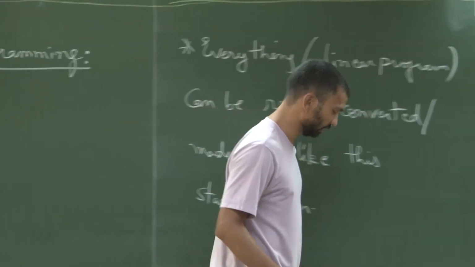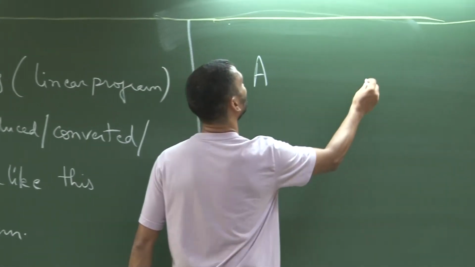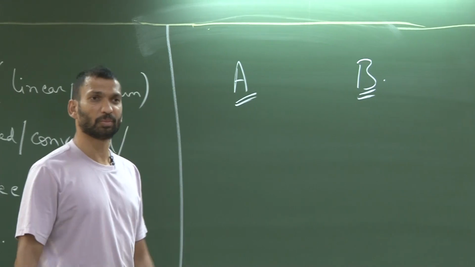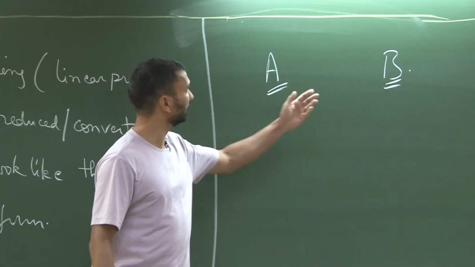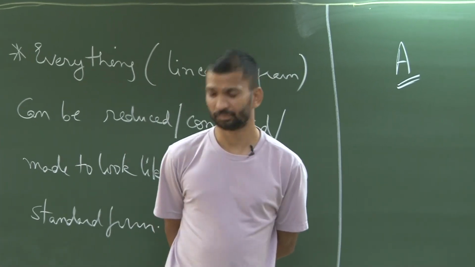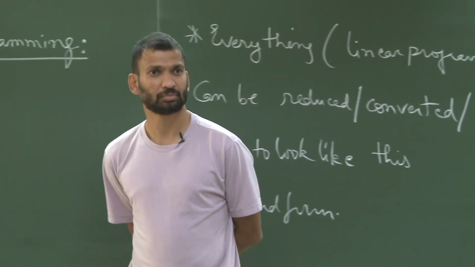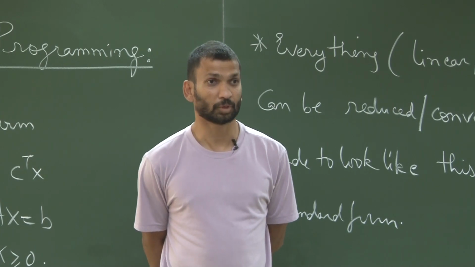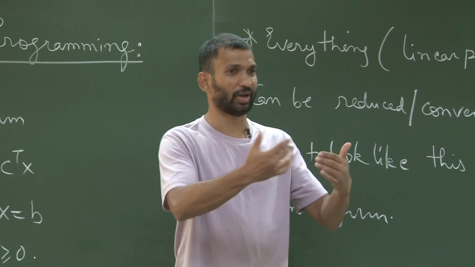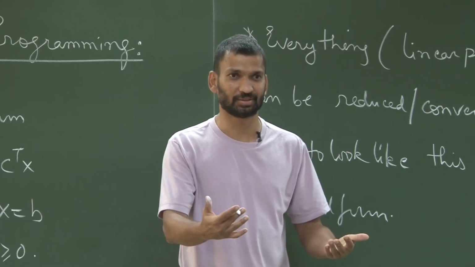You have 2 linear programs. Linear program A, this is an optimization problem. B, this is another optimization problem. What does it mean that A can be reduced to B? See, it's great. That is how mathematics works, right? You have some problem, you formalize it.